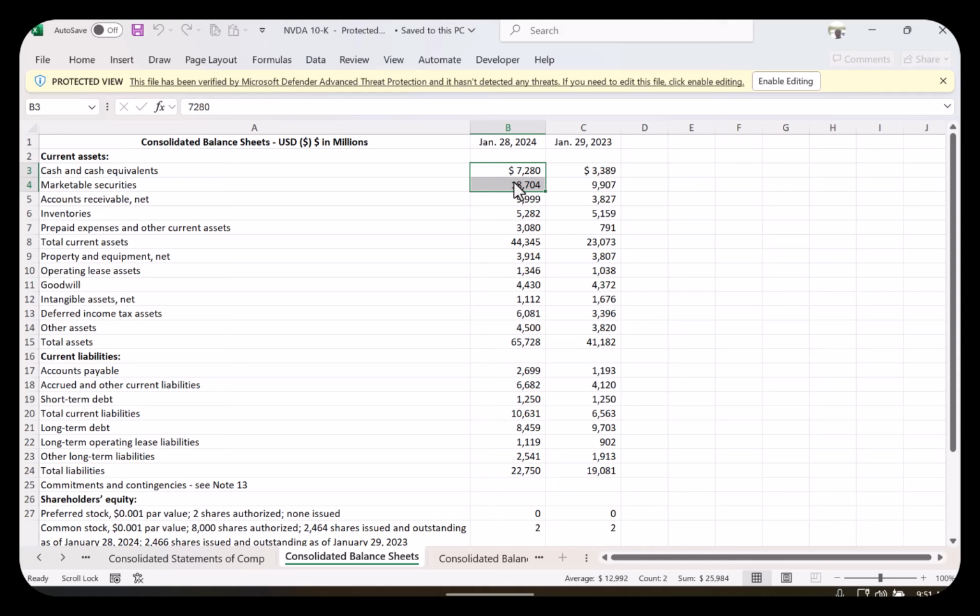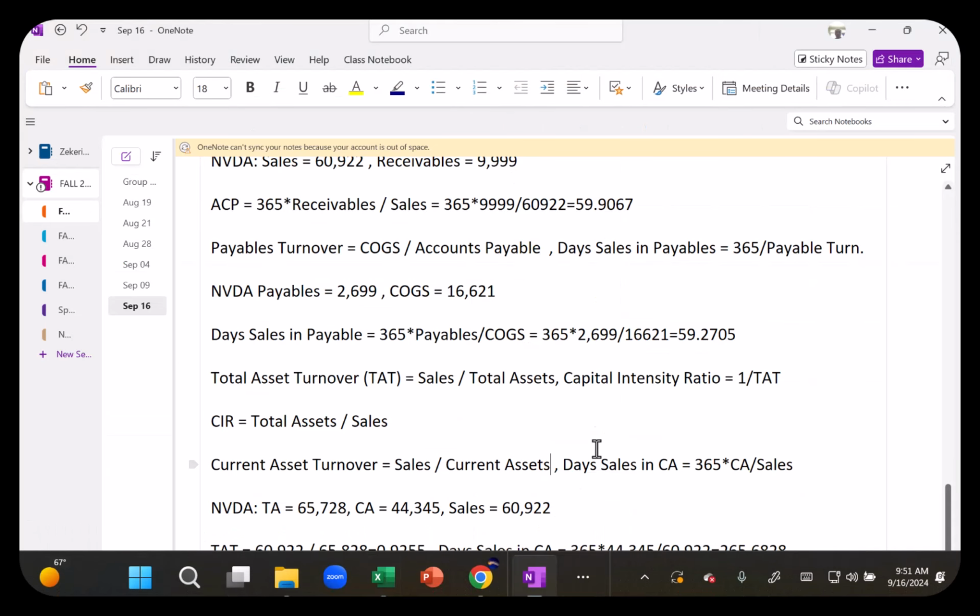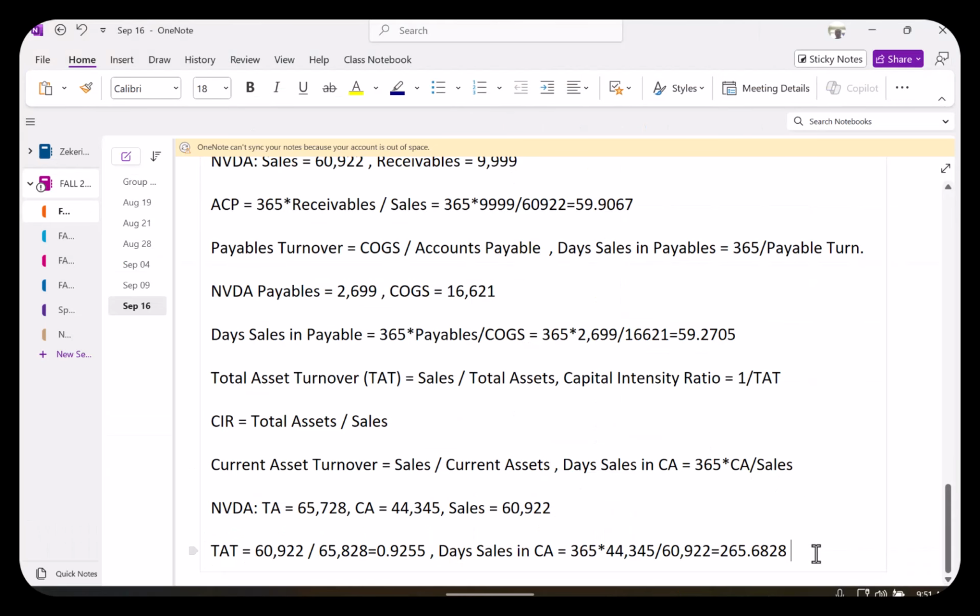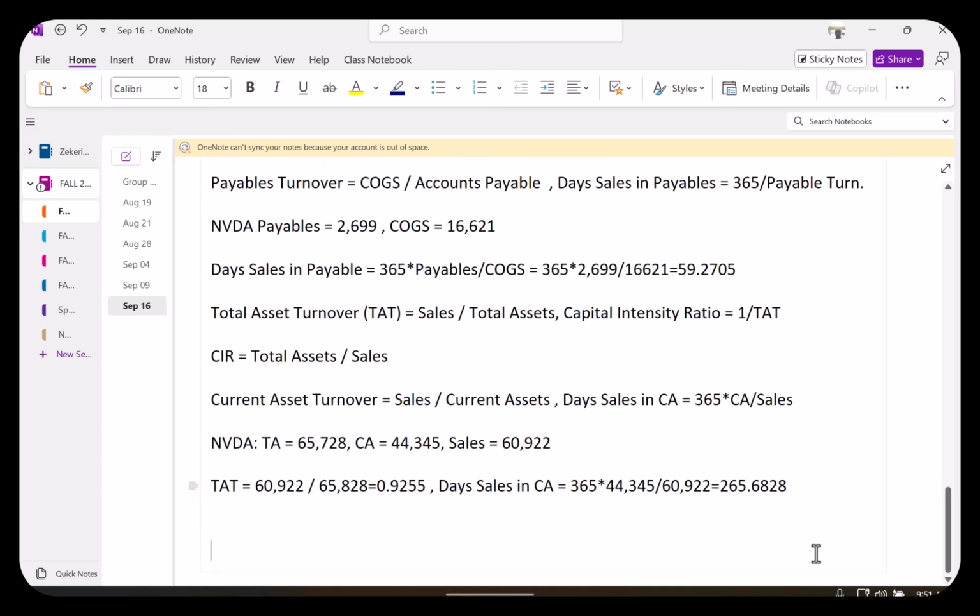And this is at the end of January 2024. If you looked at their latest number, they have even more cash. So these numbers basically tell me to what extent companies are capital intensive in different types of assets.